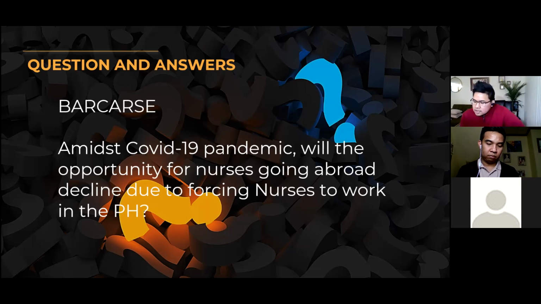So somehow the German employers, the German hospitals, are disappointed because they have this timeline for Filipino nurses to be there and to help fight COVID-19. But I believe this is only an isolated case because we know now the ban for nurses was lifted.